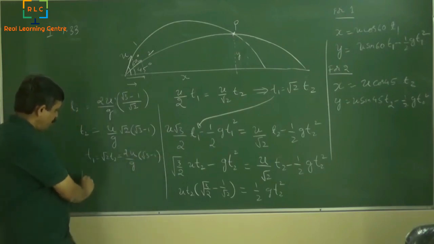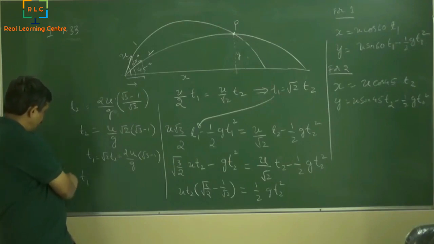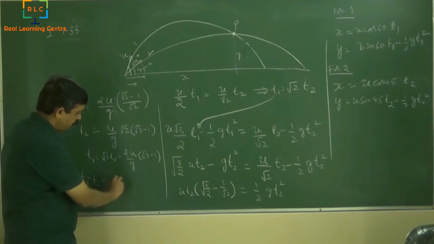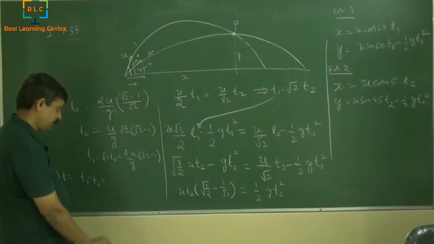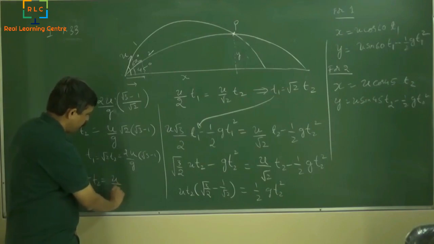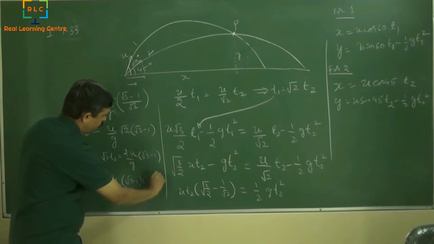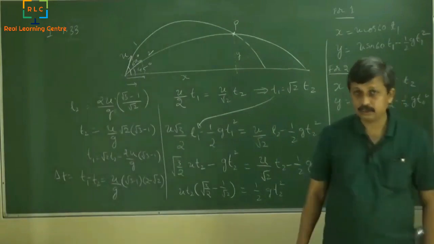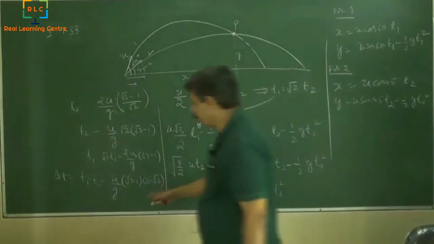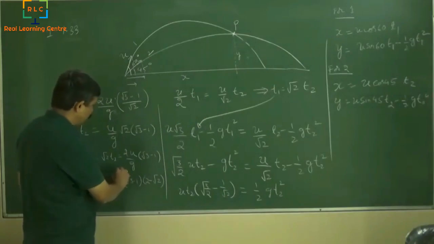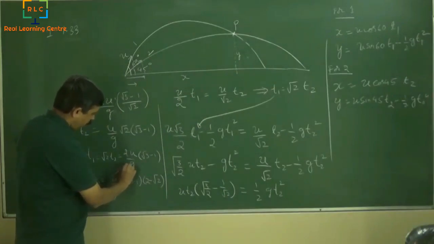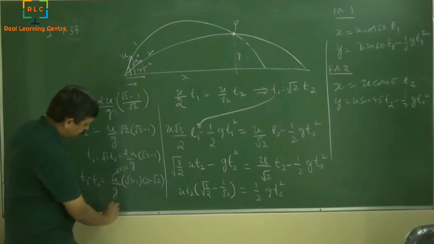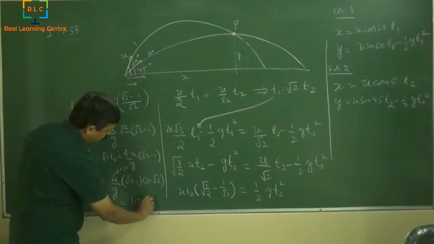So now if you want to find the final answer, which is delta T equal to T1 minus T2, then it will be nothing but u by g into root 3 minus 1 into 2 minus root 2. Correct? So now if you substitute the value of u to be 250 and g to be 9.8 and calculate, this will come to 10.9 seconds.